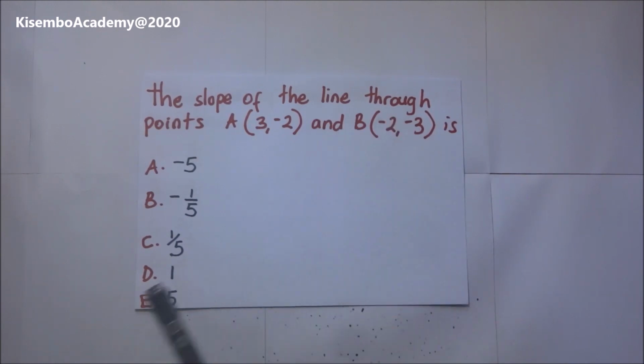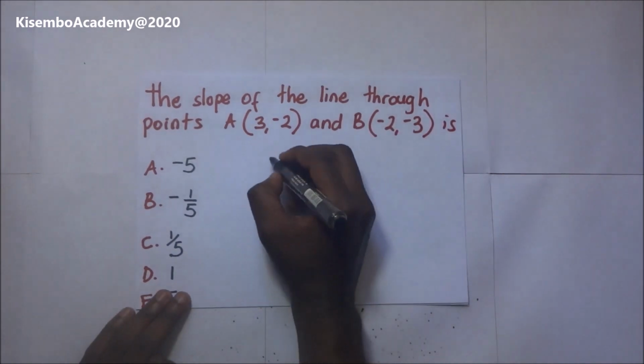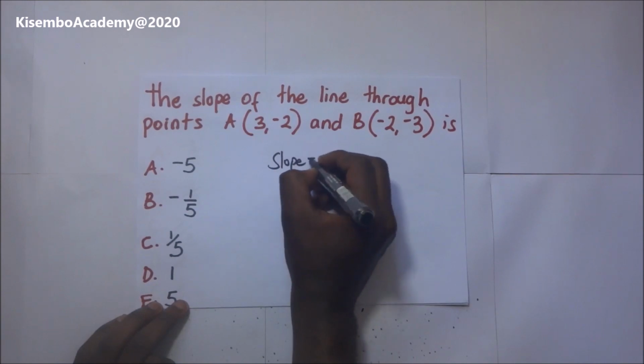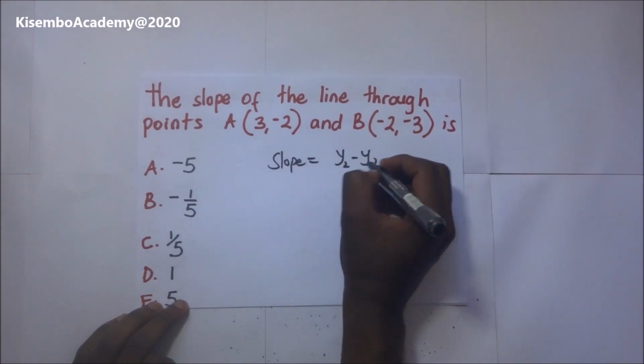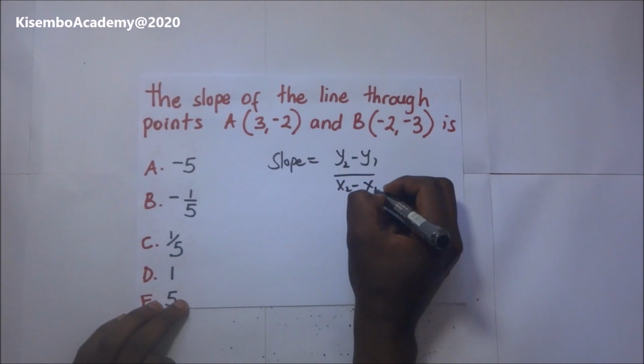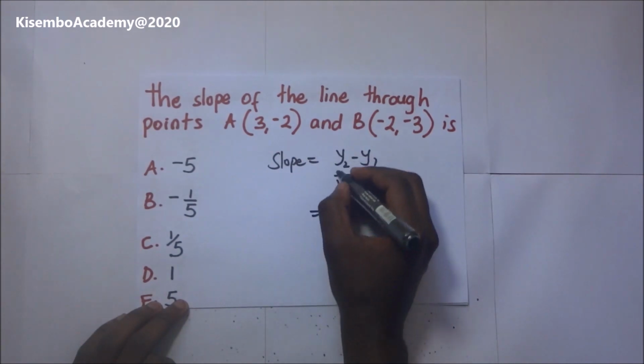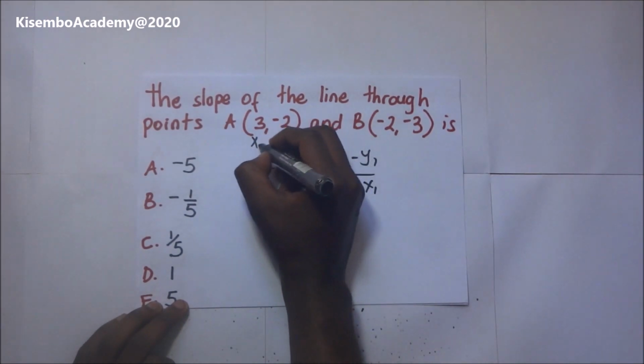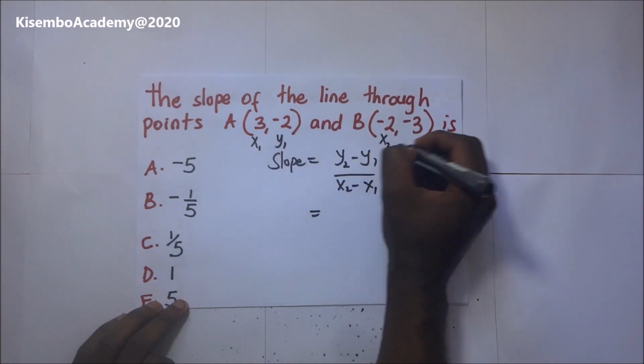Find the slope. Of course, here the slope is given by (y2 minus y1) over (x2 minus x1). Let's call this x1, y1, and this x2, y2.